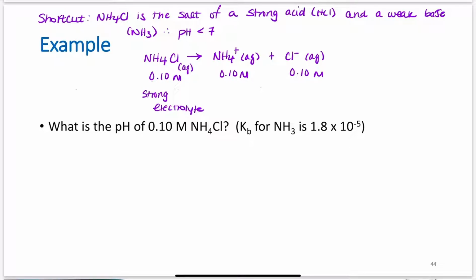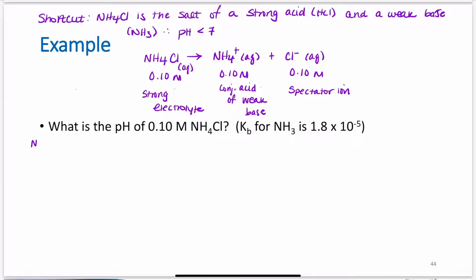Chloride is the conjugate base of a strong acid, so this is a spectator. Ammonium is the conjugate acid of a weak base, so it will further react with water.